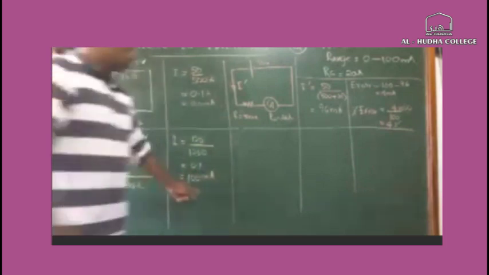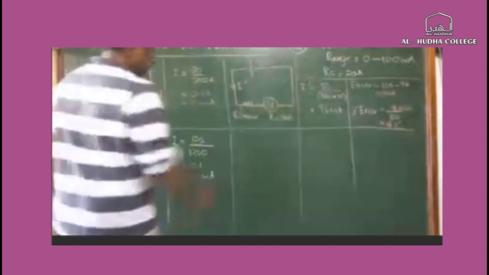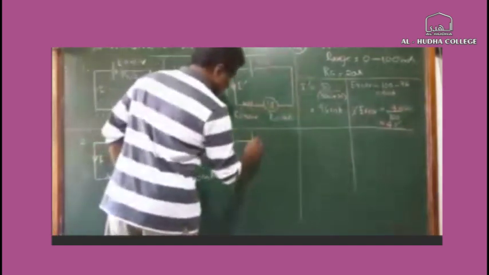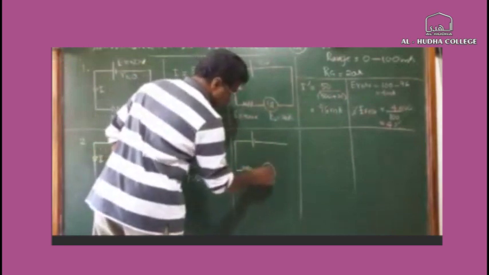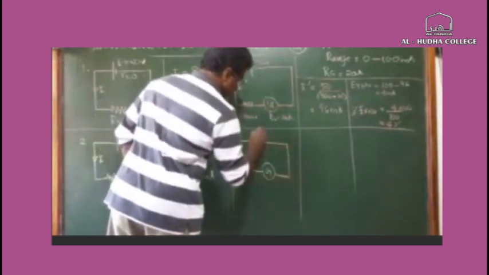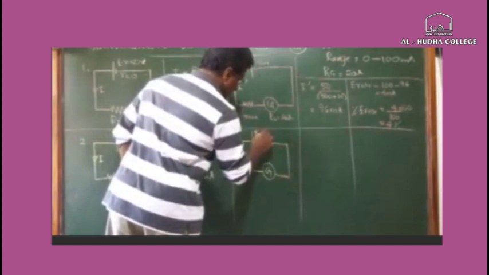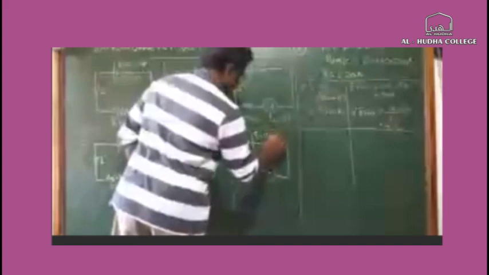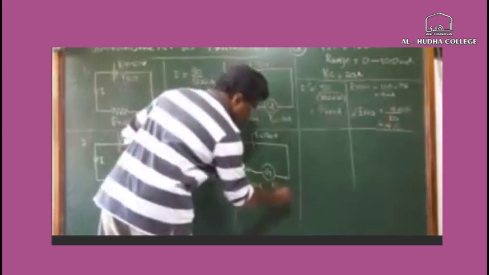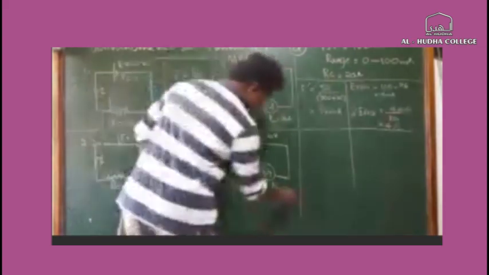So the galvanometer can be used for this 100 milliamps. We move on to connecting the galvanometer in this circuit. The voltage is 120 volts, R is 1200 ohm and RG is 20 ohm.